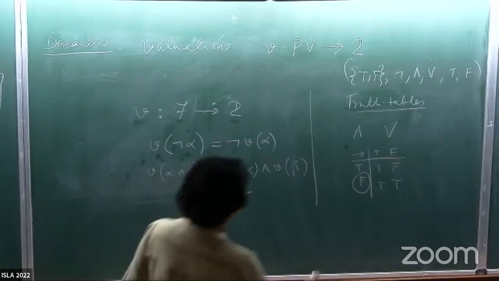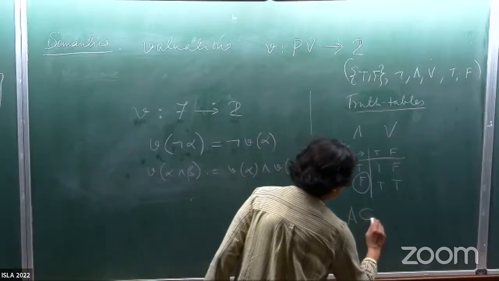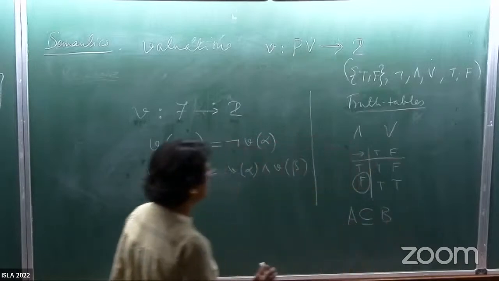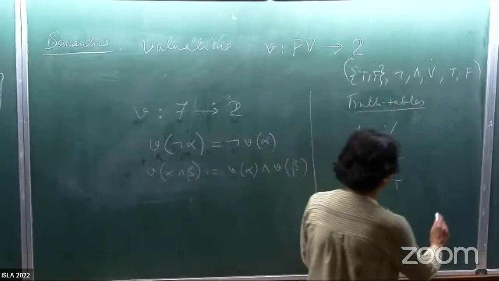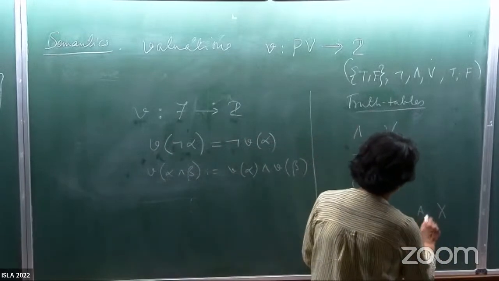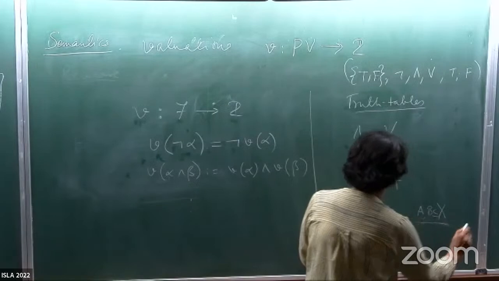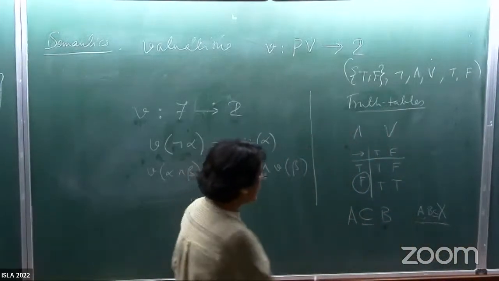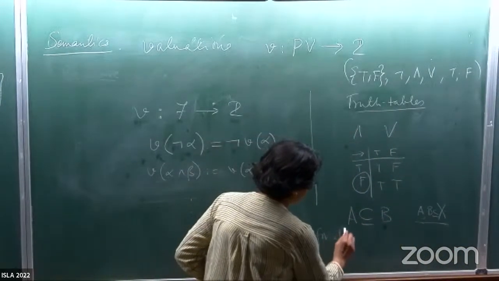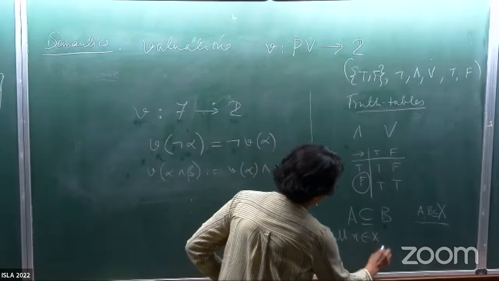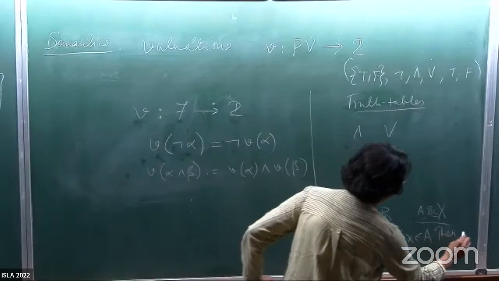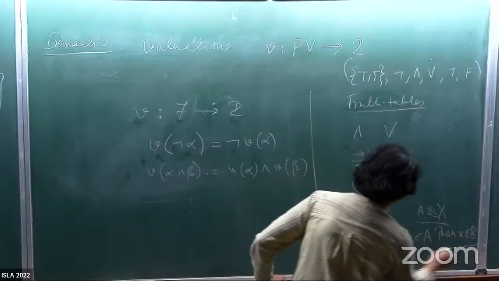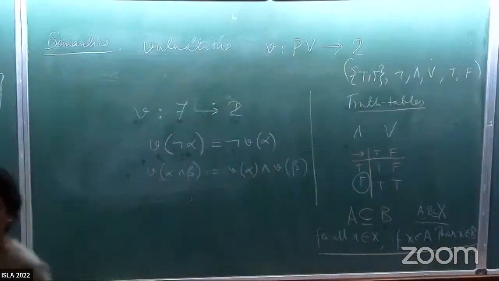So a quick example, because this may come back a little later as well. You say a set A is a subset of B, where both A and B are, let's say, coming from X. When do you say that? That for all x belonging to X, if x belongs to A, then x belongs to B, right? This is how you define inclusion.